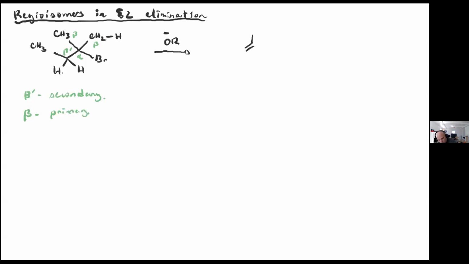We can get the more substituted alkene. Okay, so this one derives from removal of a beta prime proton. And then the other one is this structure here, the less substituted alkene. So I've got a terminal double bond. And in this case, I'm just removing H beta.